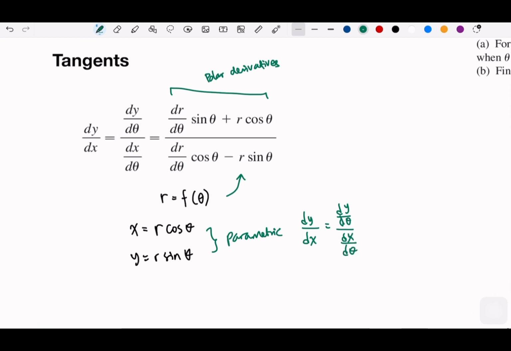Or you could do it from here and get this formulation. Sometimes when r is given, maybe you could just multiply with cosine or sine to get x and y, and then you can use parametric. The same result.